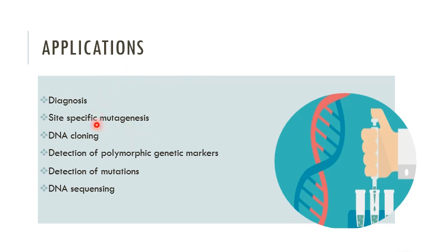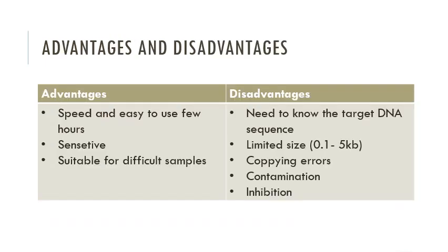Sometimes you need to test for some mutagens, you conduct DNA cloning processes, or polymorphic genetic markers, which are mainly used in forensic genetics to detect the short tandem repeats that differ between individuals, so you can conduct DNA profiling. Sometimes you need to detect mutations or even to conduct DNA sequencing.